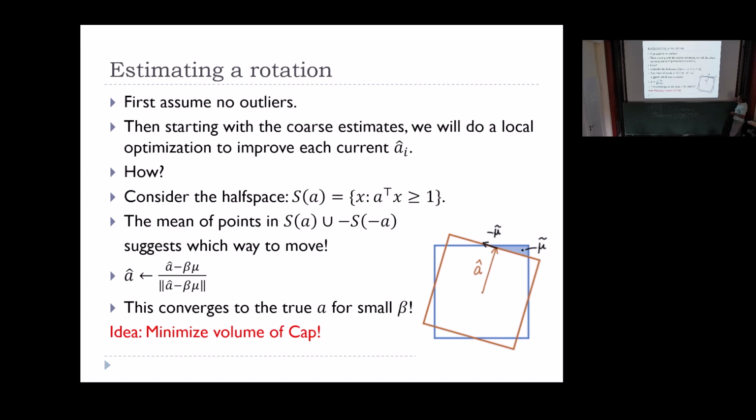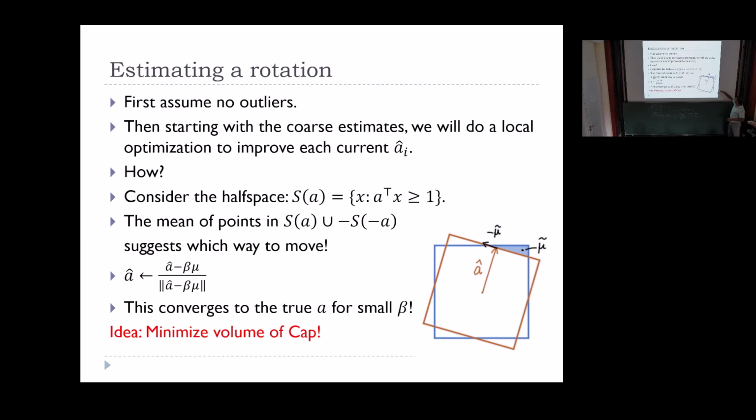And what we'll look at is, for your current A, the samples that are outside this in this direction, and the negation on the opposite side. Let's just focus on one side, samples that are outside there. And the claim is that the mean of those samples tells you which way to move.